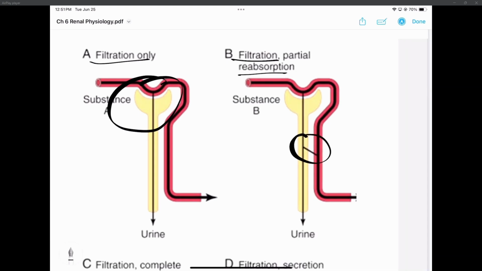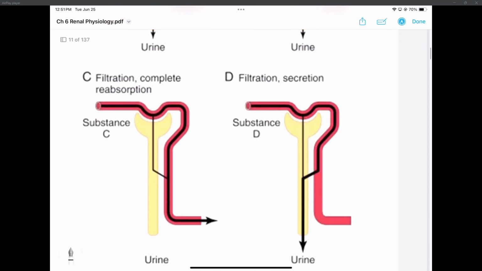This is the reabsorption right there. You see that black line is leaving the tubular fluid and going back into the blood. We are reabsorbing whatever that substance is. It happens after the Bowman's capsule. That's reabsorption.